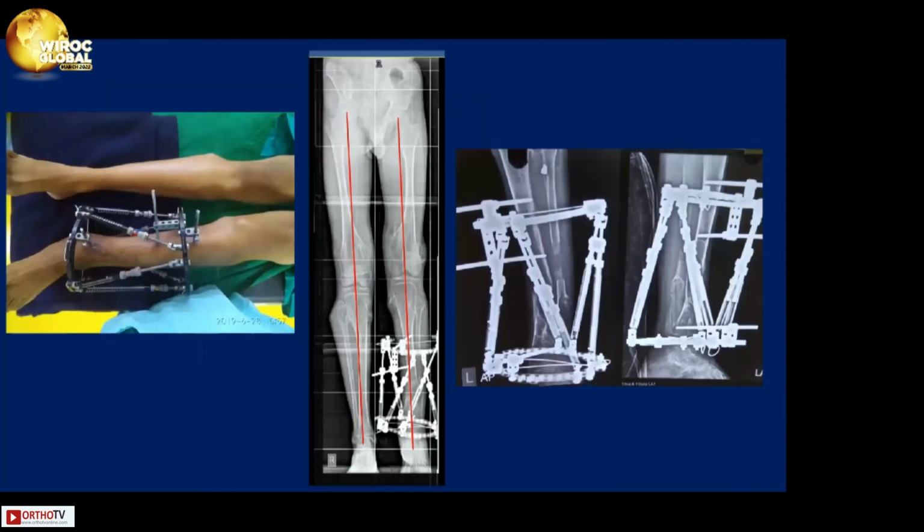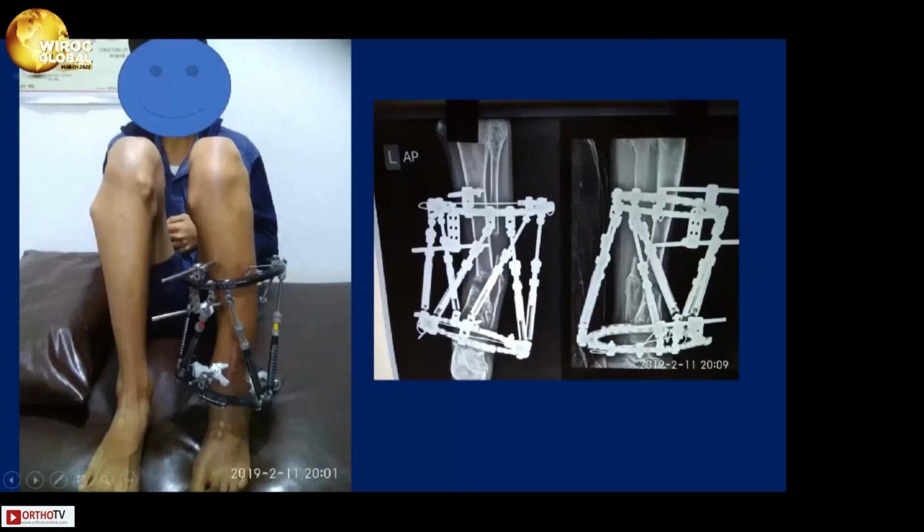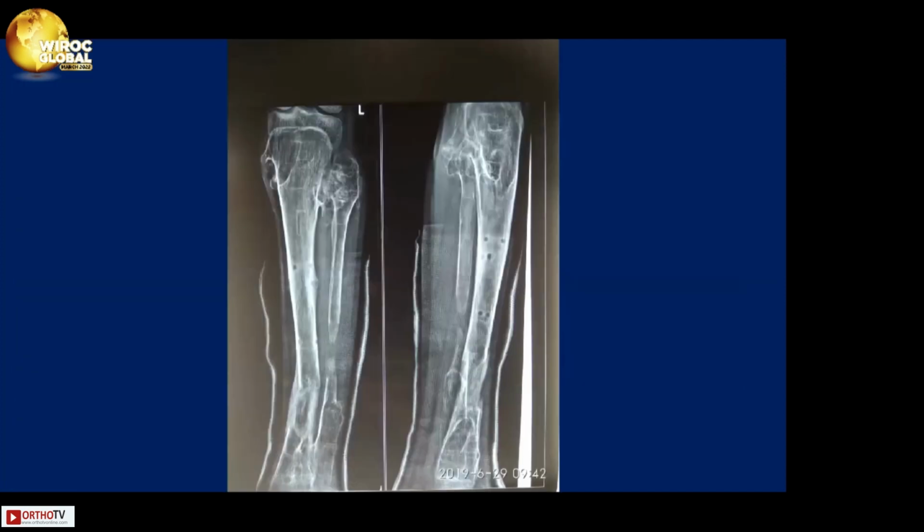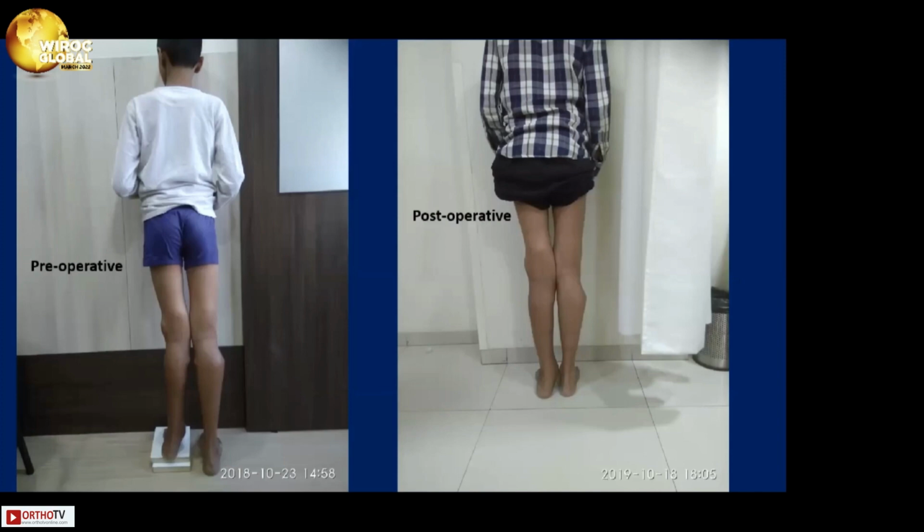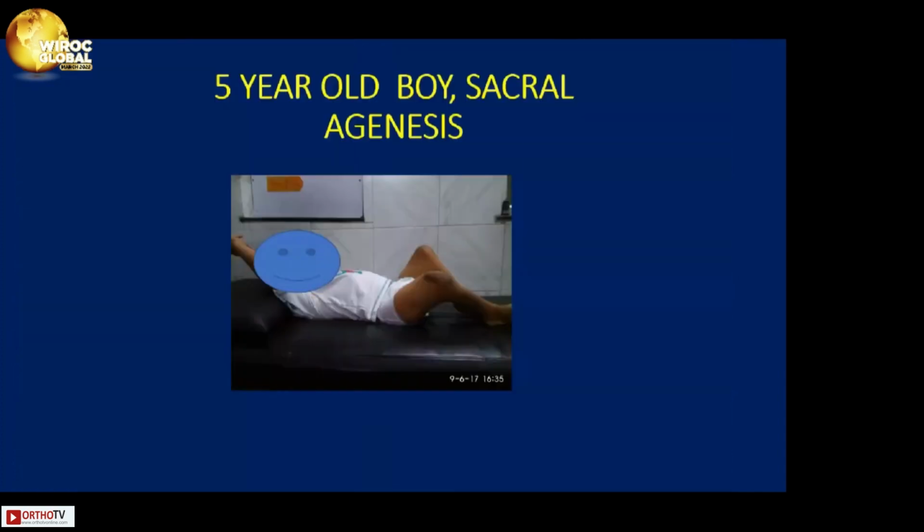So he was treated with a six-axis correction system. During this correction, he went into varus, as you can see, but it was possible to correct that varus and bring him out to the correct amount of valgus. After frame removal, his leg lengths are equal and his axis is corrected.